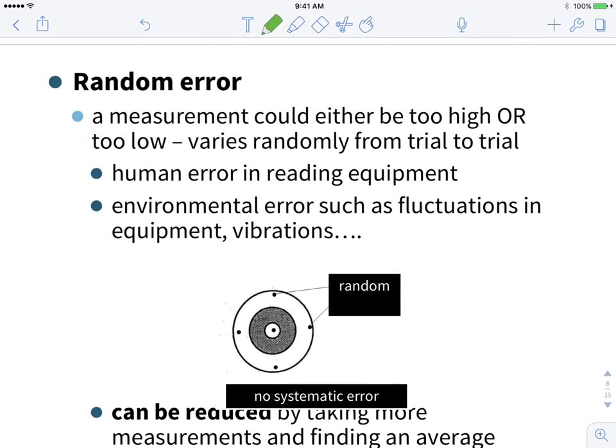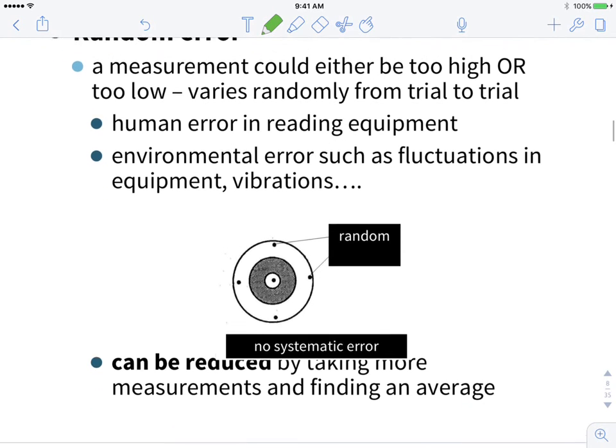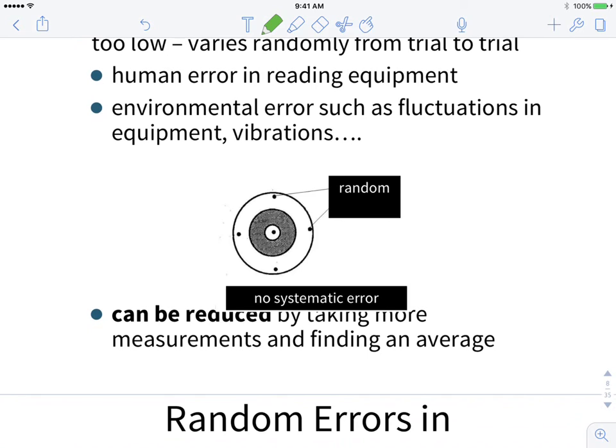The other kind of error is a random error. And this one, your result could either be too high or too low. This is where you make mistakes that are random. You could read the meniscus from above it or below it. And in both cases, you're going to get different mistakes. But what generally happens is that your random errors get less and less because you get better at it.